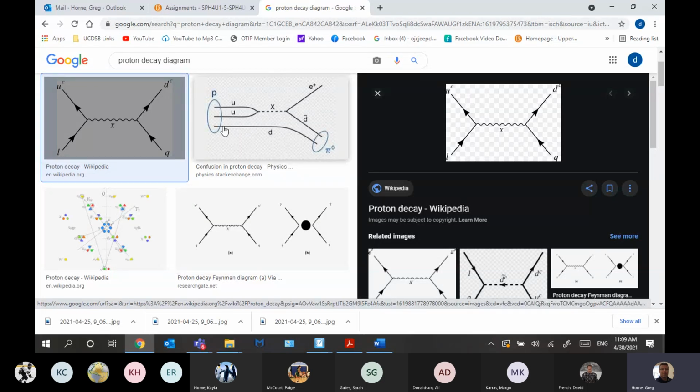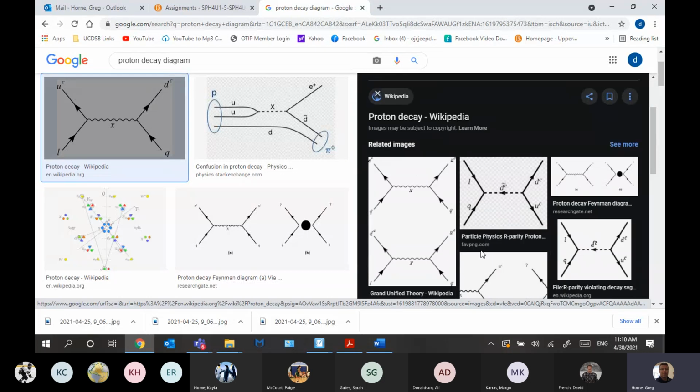So we've got two up quarks and a down quark, and it's decaying to become an electron and a down quark, and then it gives off a pi meson. And there's the X boson that's interacting, that's where it happens. That's where they talk about it in the context of particle interactions.